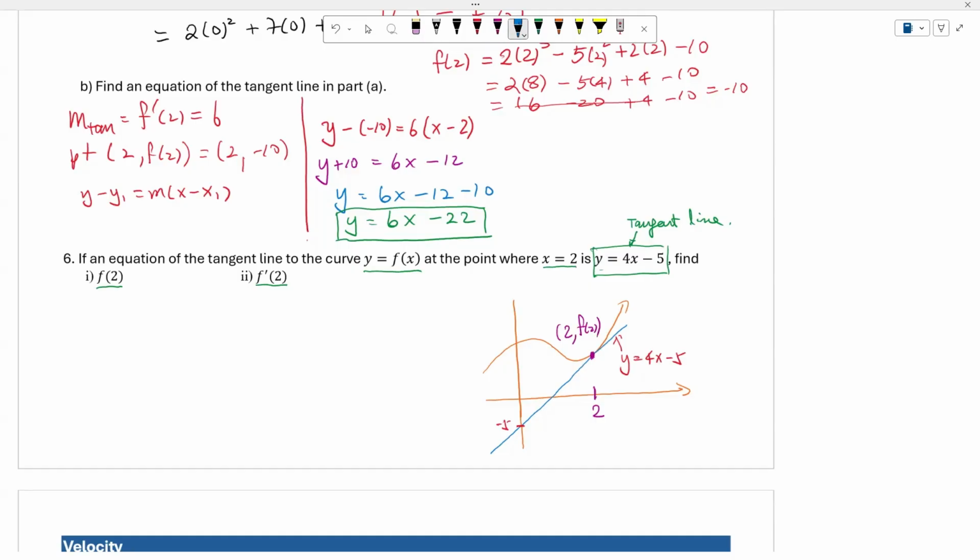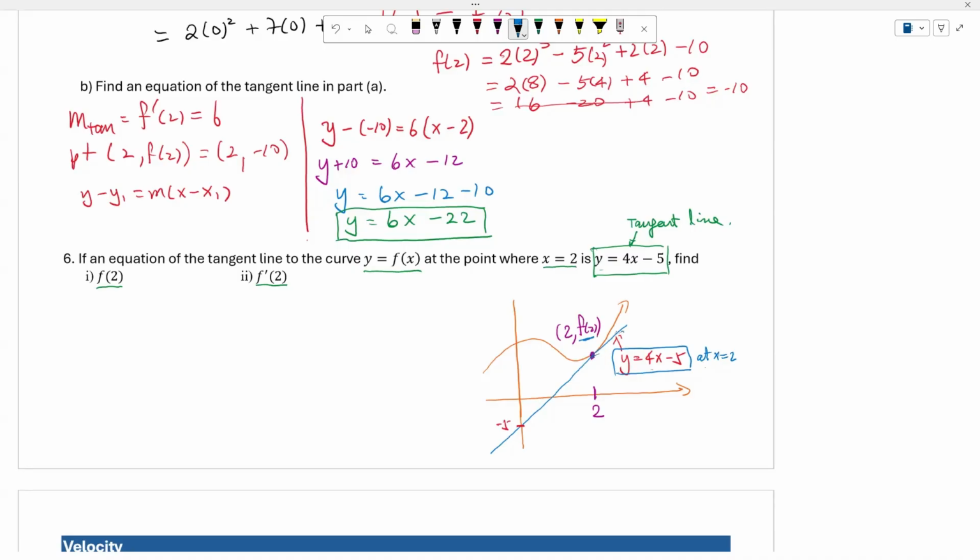And of course, you will see that for the output f of 2, you could use this tangent line right here to help you evaluate because they are at the same point. Okay. So at x equal to 2, f of 2 basically is equal to this equation evaluated at 2.